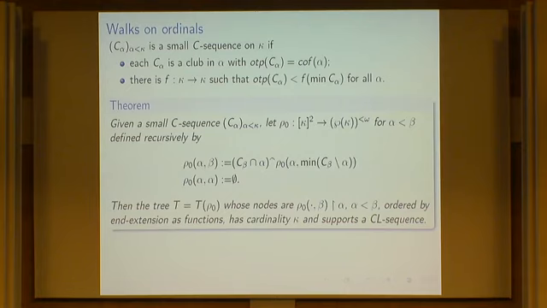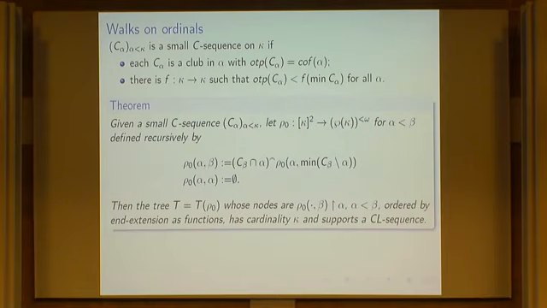And then the tree, which I get from taking the restriction of rho_0 beta restricted to alpha, for alpha less than beta, ordered by end extension as functions. So one is below the other if it extends, or the other way around, one is above the other if it extends. And so this is a tree with cardinality kappa which supports a CL sequence.